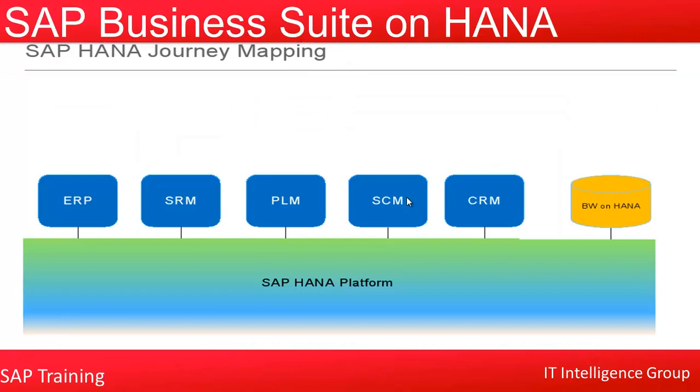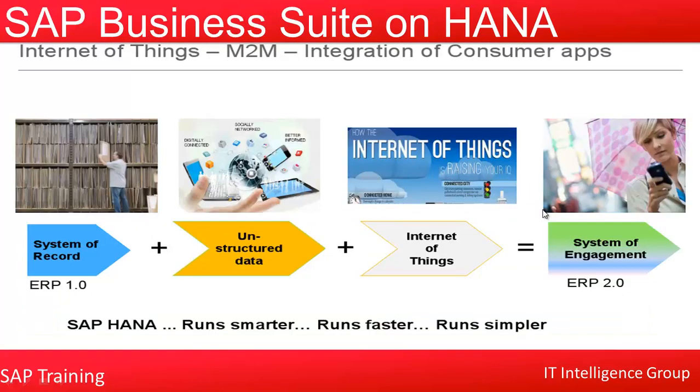Here you can see the platforms for different applications. This is the roadmap for the product: they are looking at a single database to run all these things. As of today it's not single, so we will see how it is today.